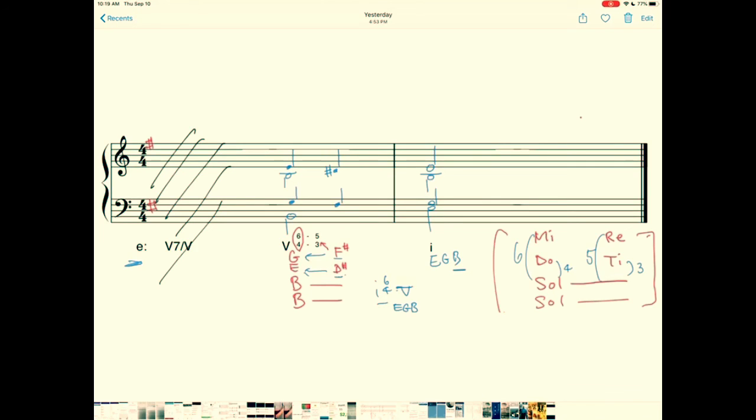Doubled in the alto, 4th, 6th in the tenor, downward step. So that just makes the 5-1 cadence a little stronger. 5, 2, 1, and now adding the cadential 6-4. Just make it sound more final.